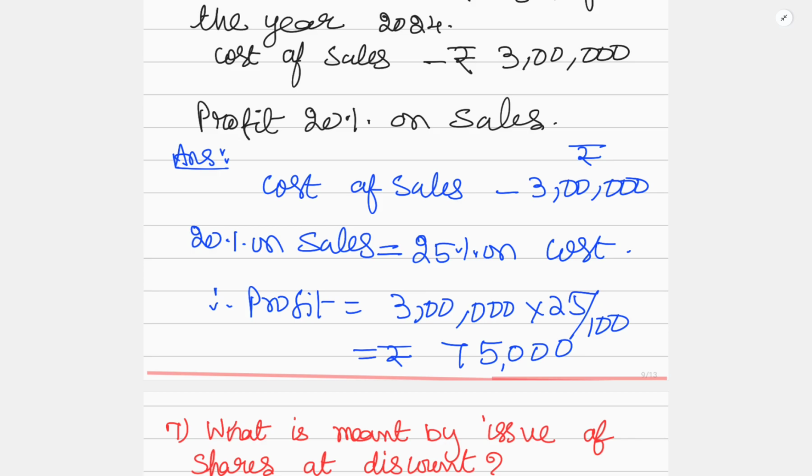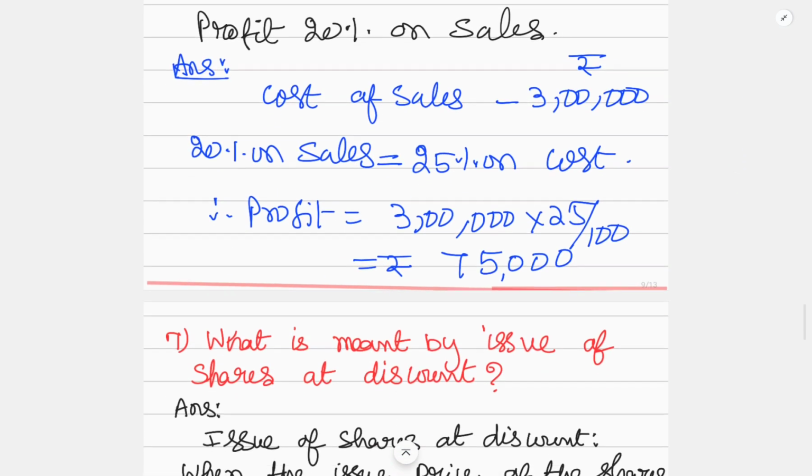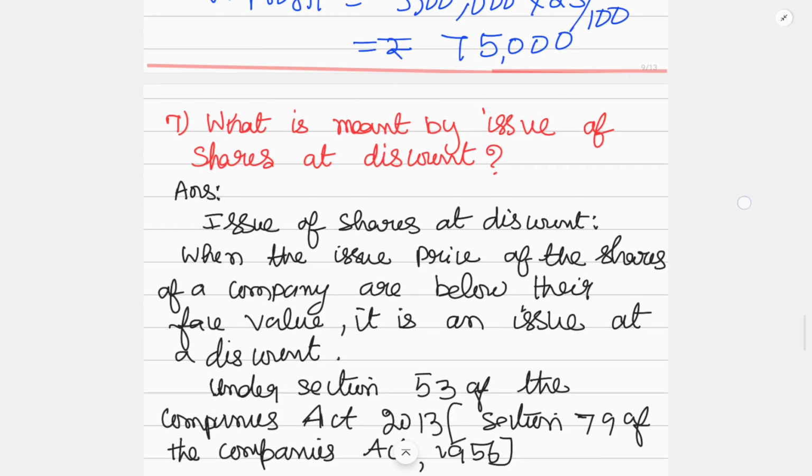Therefore, profit is equal to cost, given 3 lakhs, so 25% of cost as profit. Therefore, 3 lakhs into 25% we get 75,000. So, profit for the year 2024 is rupees 75,000.